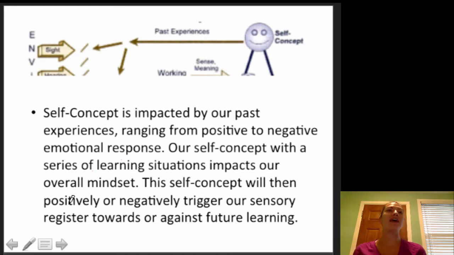So they might have gotten really positive feedback about writing poetry, or they might have really enjoyed doing a hands-on lab, and so they'll engage in those activities. So what's important, even when we have things that are difficult, is to think about how our self-concept is then going to impact our future ability to learn, okay?